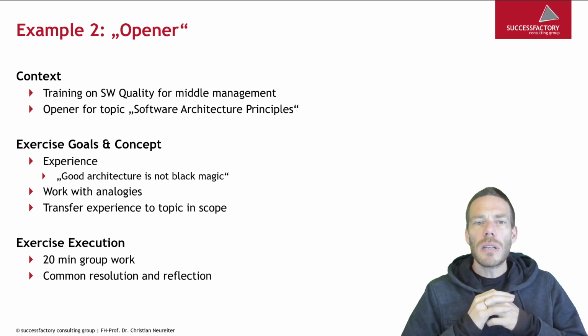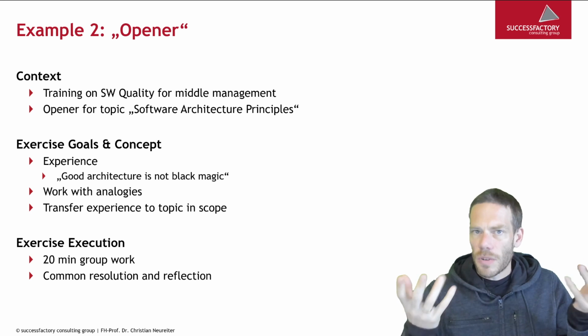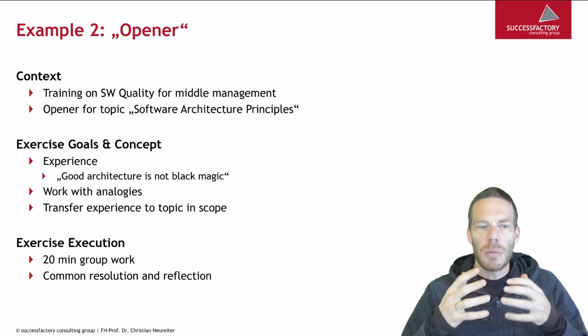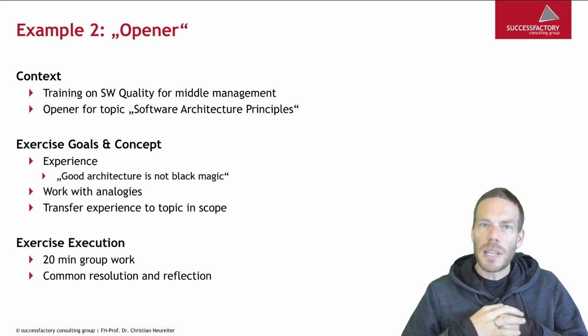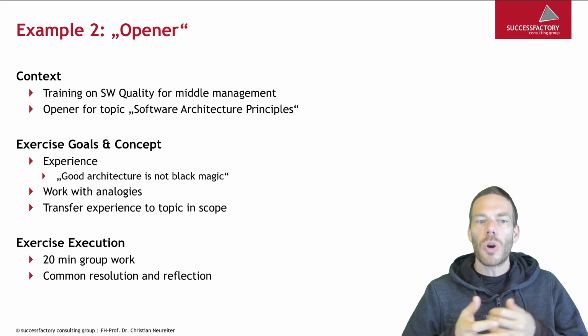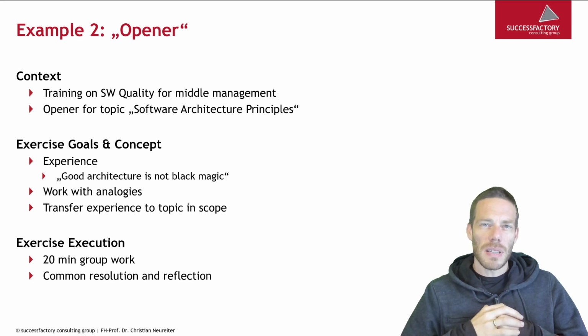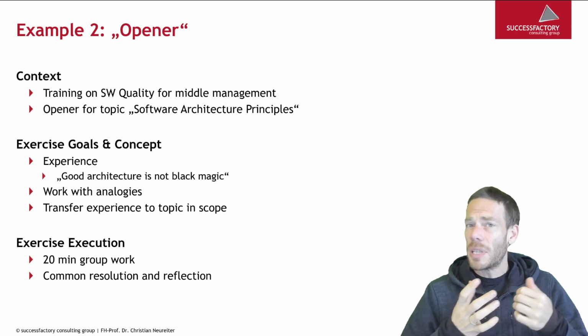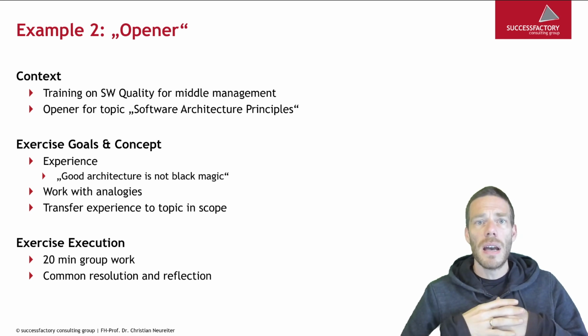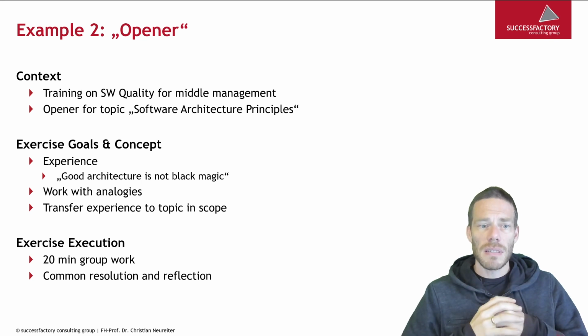And this particular opener exercise is for the same training. Here I would like to elaborate on the topic of software architecture principles for middle management. The topic of architecture principles is a pretty sophisticated topic, especially for people who maybe don't have a software background. So what I'm doing here is I want to give them an experience that good architecture is not black magic.